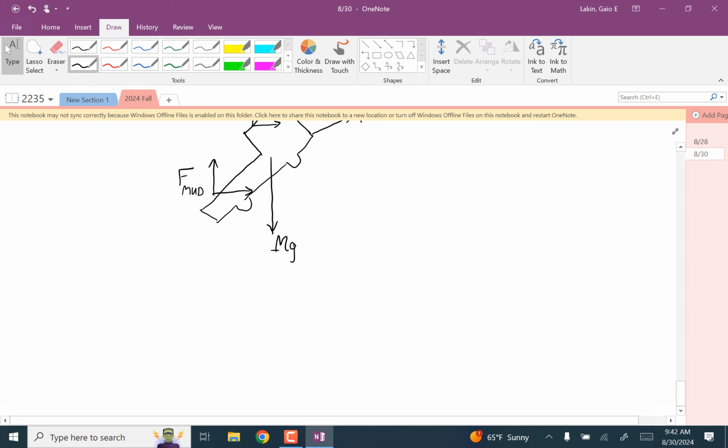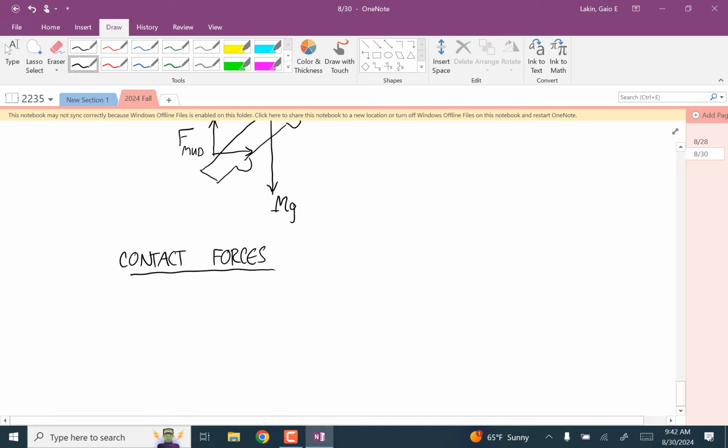Okay, so contact forces. There aren't too many types of contact forces that we're going to see with particle statics. The three that we're going to see are cable forces, frictionless contacts, and friction contact.